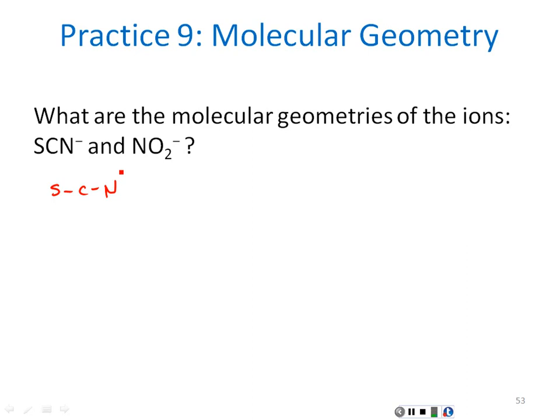So for SCN, we have a total of 6 plus 4 plus 5 valence electrons, which would be 15, but we have that minus charge, so we have to add one more, so we have a total of 16 valence electrons.